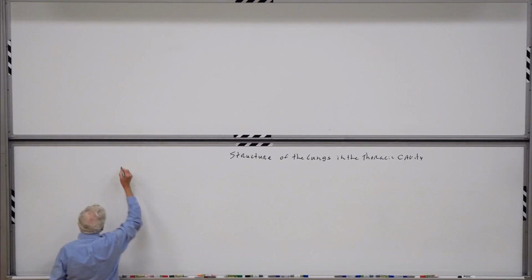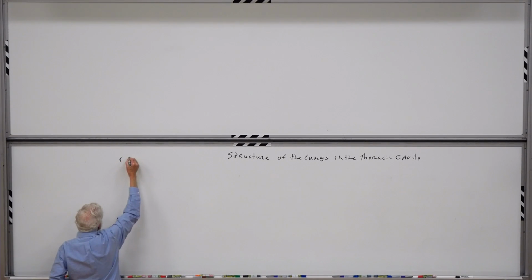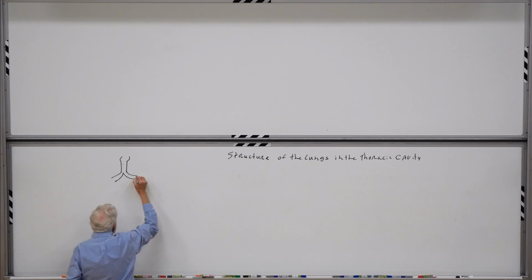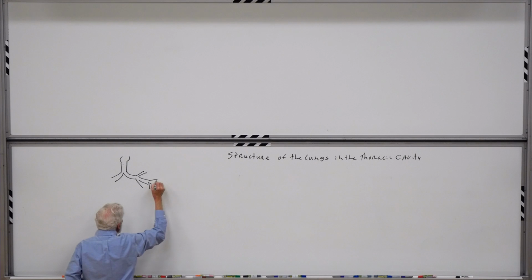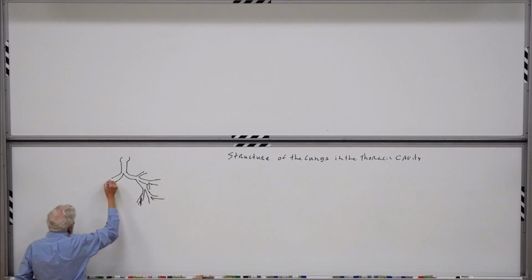We'll start with pretty much the description we had yesterday, where there's the larynx and the trachea branching into the bronchi, and then these bronchi further branching with their secondary and tertiary and quaternary branches. And so forth. And we can do the same for the other side.